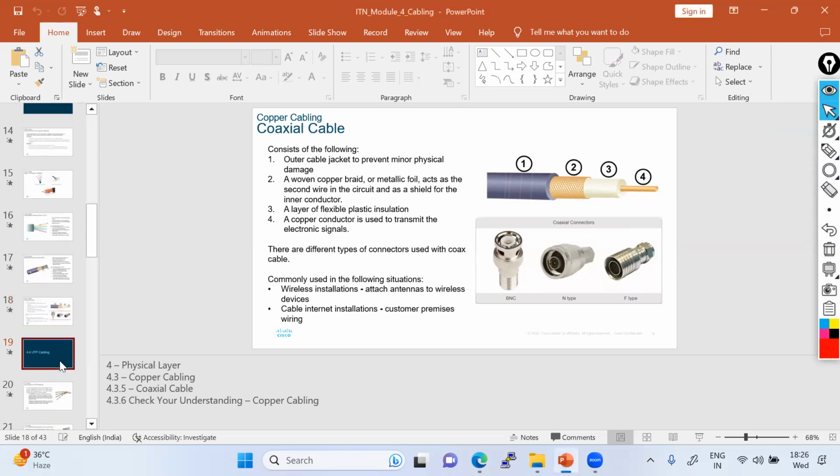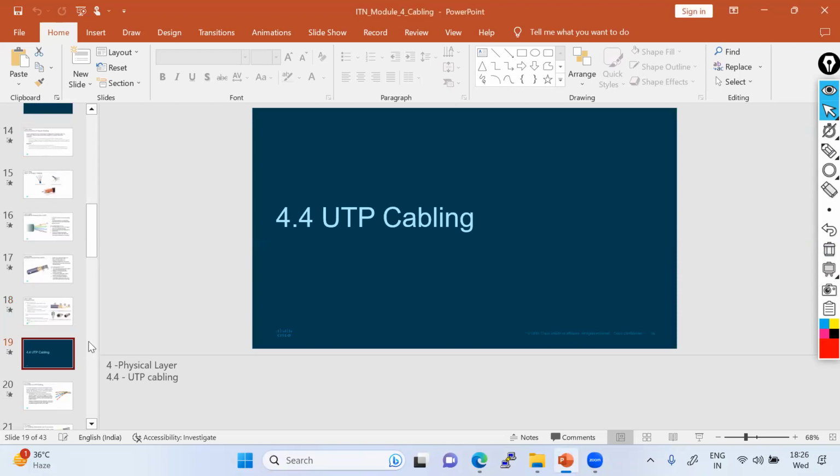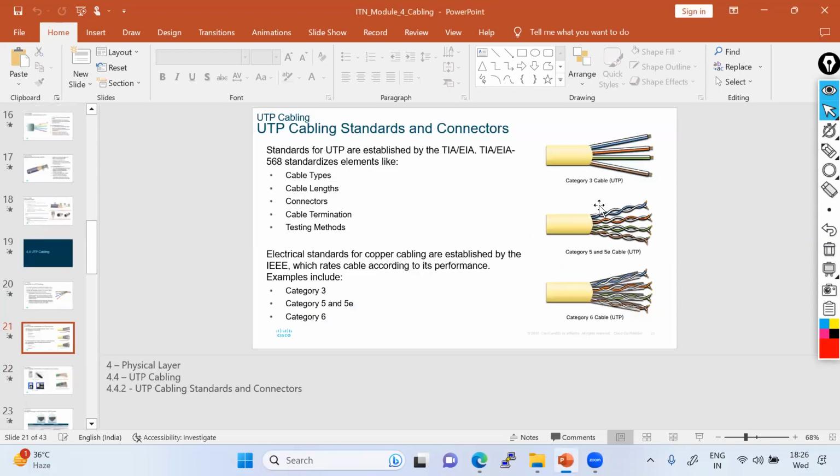Now moving to the next, we have the UTP cabling, right? Unshielded twisted pair cabling. They have different categories: Cat 5, Cat 3, Cat 6 cables. Cat 6 supports more speed. Cat 6 is the latest cable, and you can also use Cat 5. So Cat 5 and Cat 6 are always more usable, right?